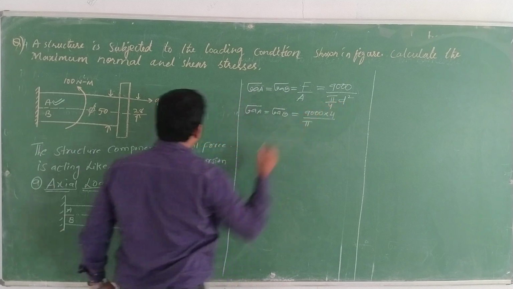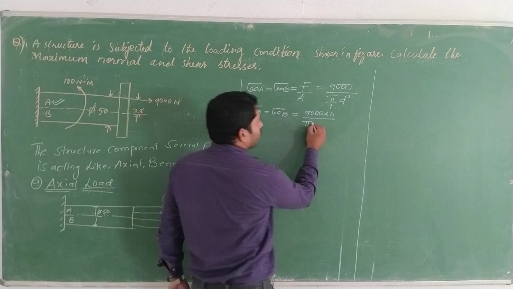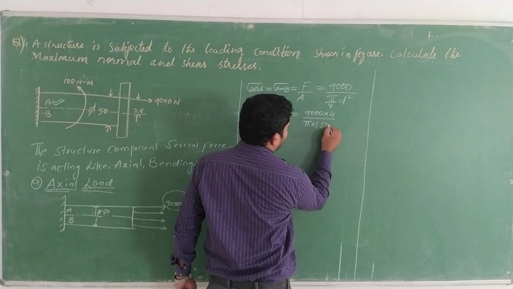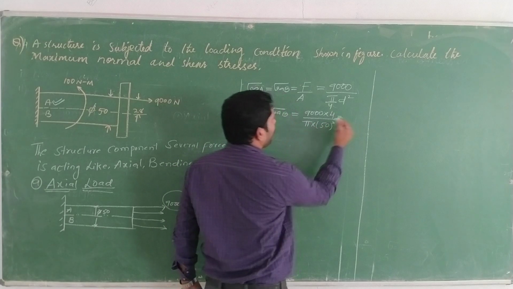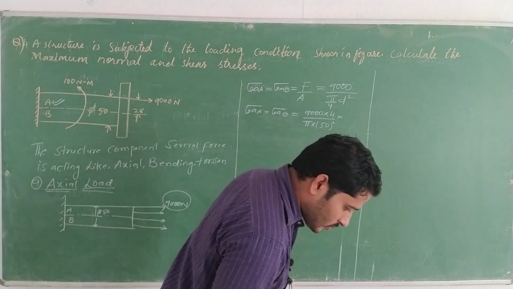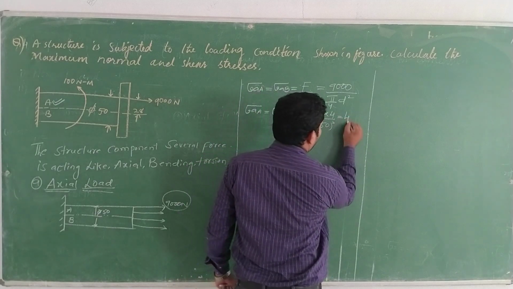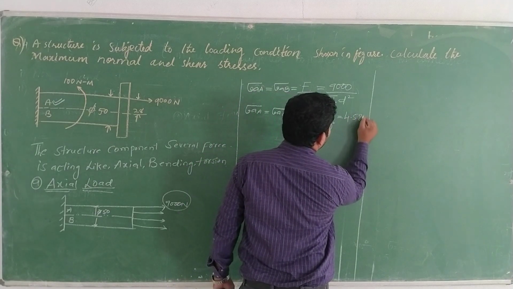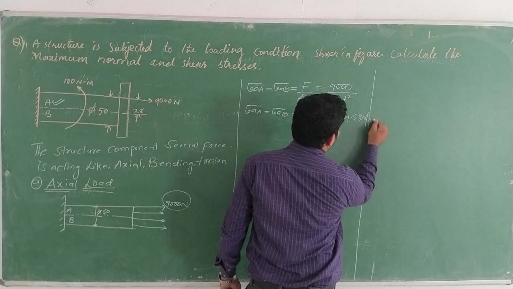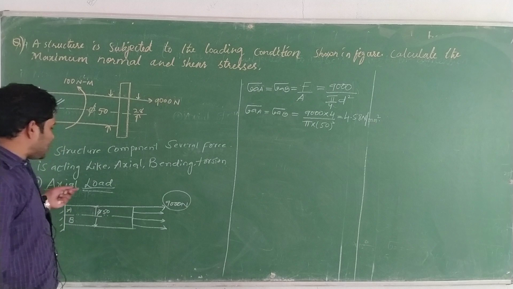What is the value of d? The d value is 50, into 50 whole square. Then you will get the answer with the help of the calculator. So I am getting the answer as 4.58 Newton per mm square. Okay, we found the value of the axial stress.